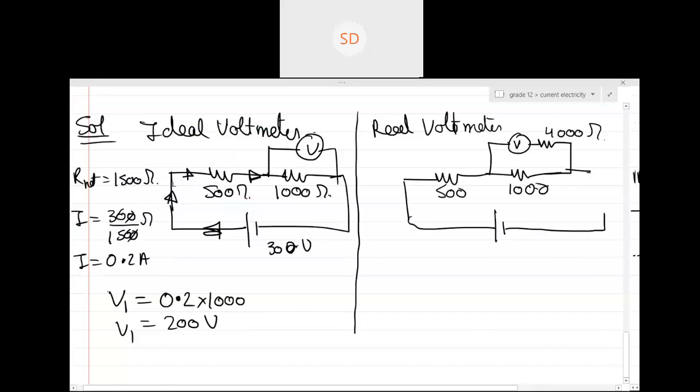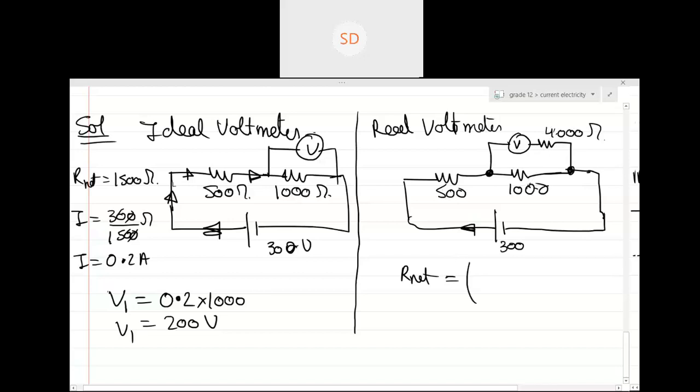So now what to do in this case? Voltmeter will basically measure across these 2 points, right? So let's try to find out the current first. For current you need net resistance. Can you see this 4000 and 1000 are in parallel? They are in parallel and in series with 500.